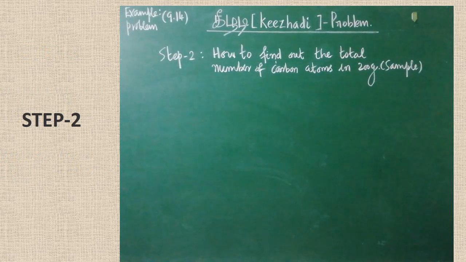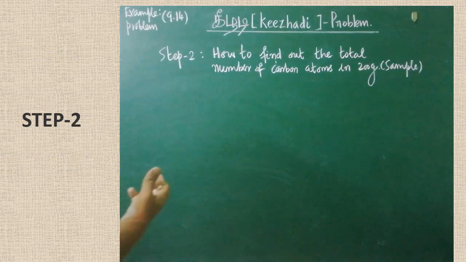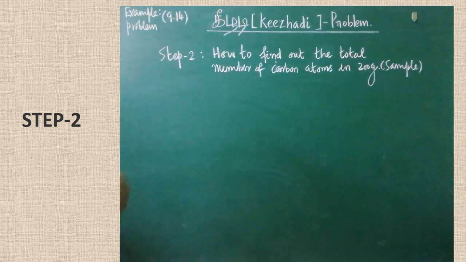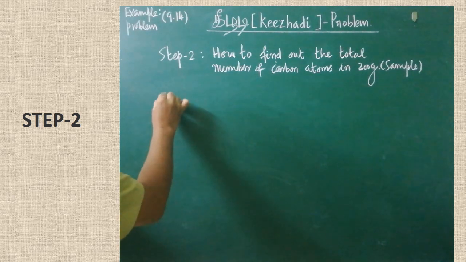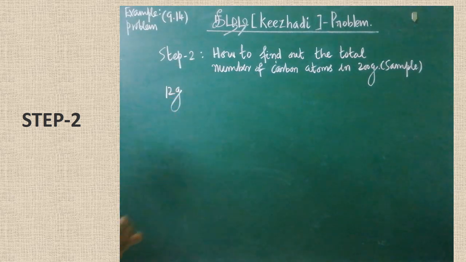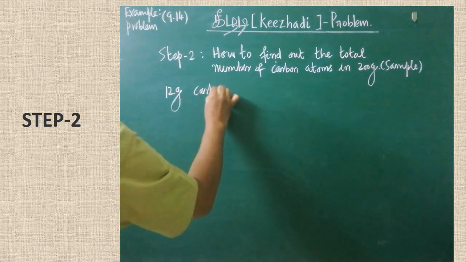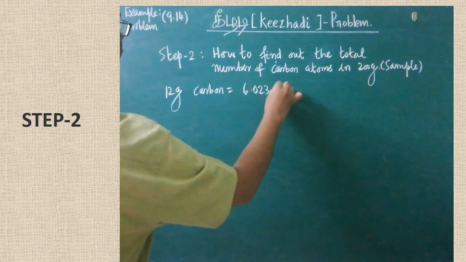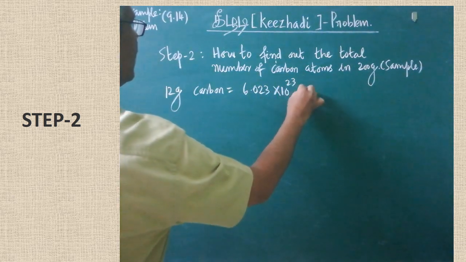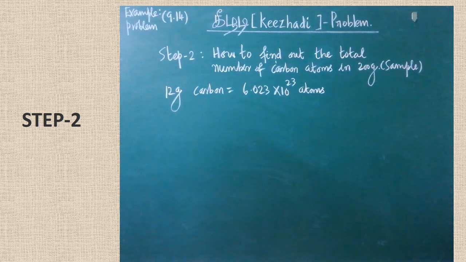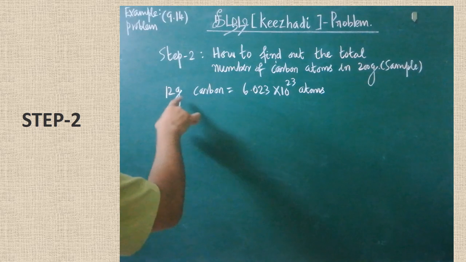Now I am going to tell you how to find out the total number of carbon atoms which are present in the sample. With the help of Avogadro's hypothesis, we have to find out. We know very well that in 12 gram of carbon, how many atoms are there? 6.023 into 10 to the power of 23 atoms are there in 12 gram of carbon.